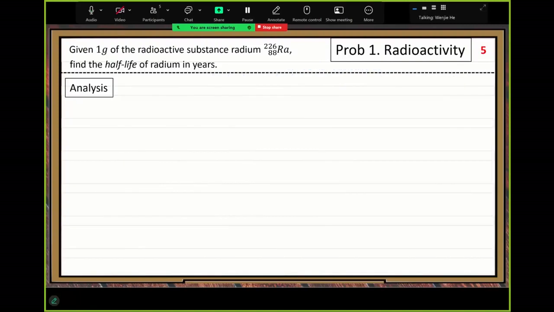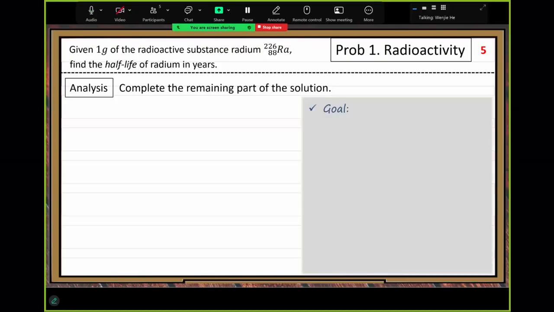So here you can see we have good progress. We find a special solution for the simplified equation. We simplify it, then we find a special solution. All right, so let's continue. We want to complete the remaining part of the solution.